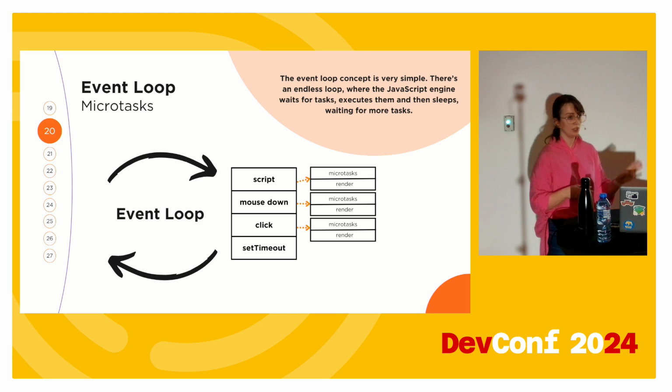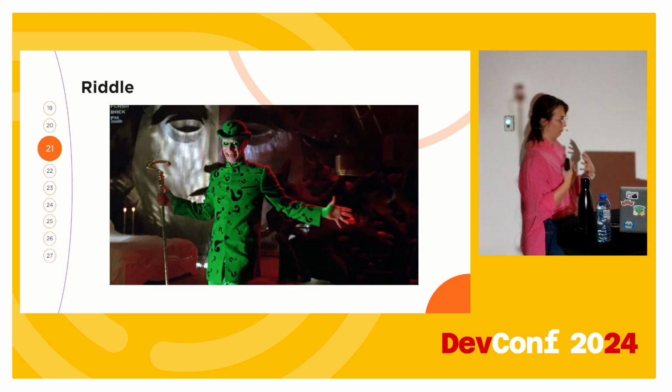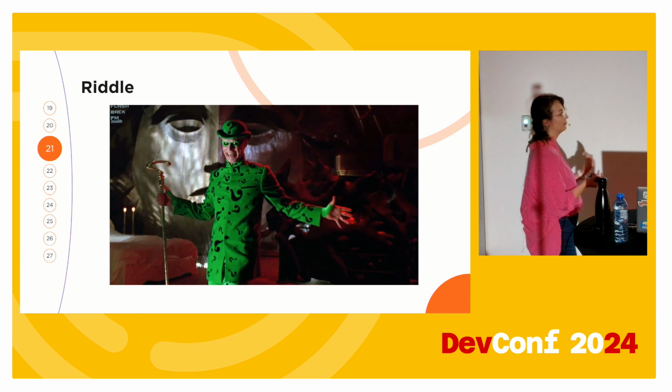We can use here some kind of promise resolution, and this microtask should be executed before rendering, before our long gray task is ended. So first microtask, then all microtasks, rendering, and then the next macro task. So we know this. So now the riddle.